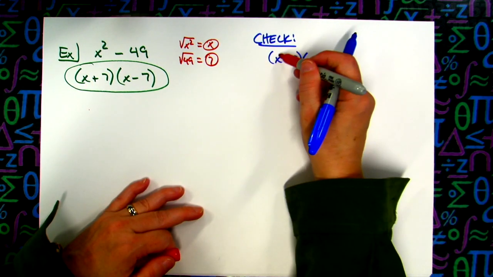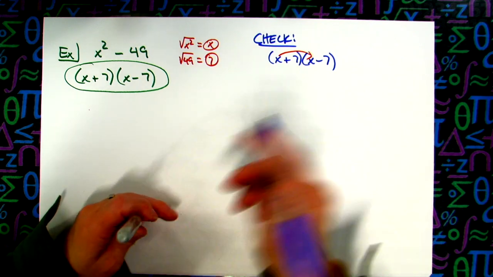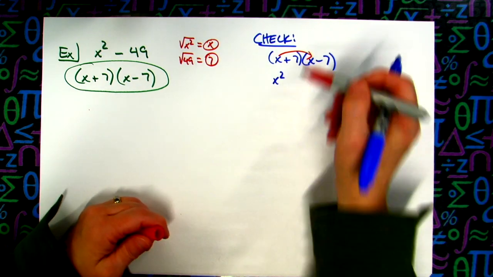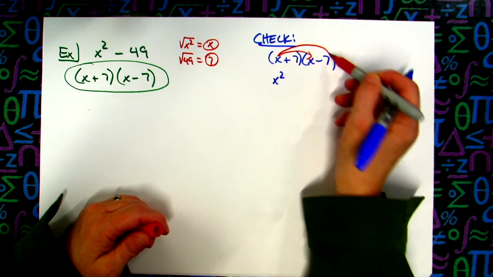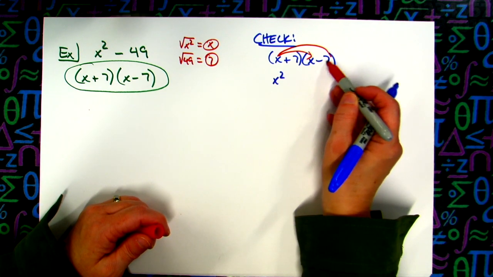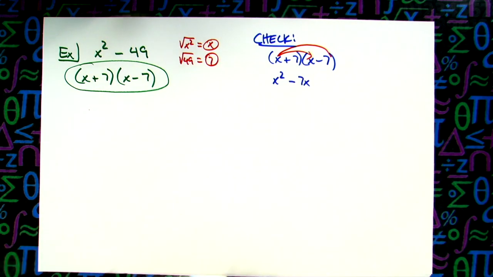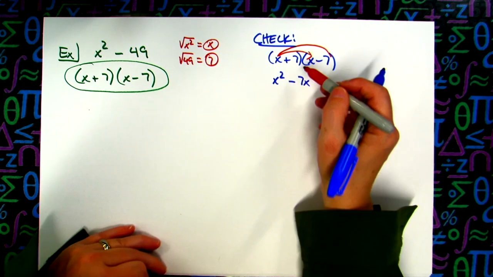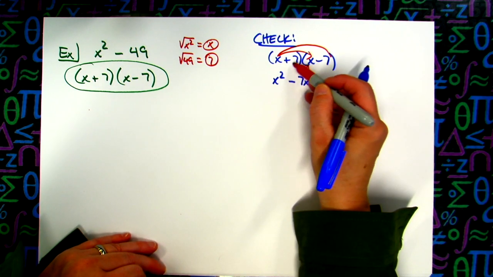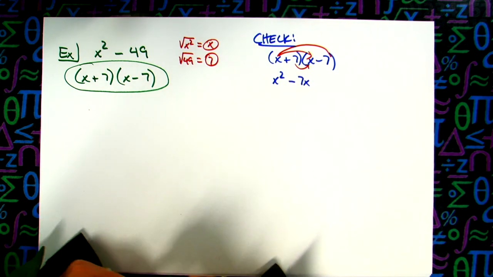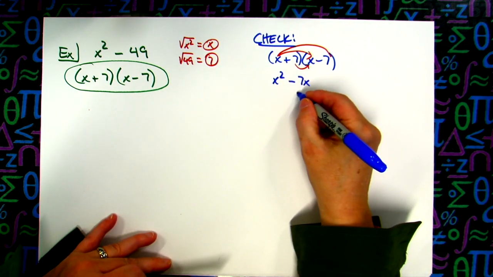So we would do x times x, which is x squared. We would do x times the 7 with the negative, which would give me a negative 7x. Then we would take positive 7 times x. We would go to our second row, line it up, because we know we got like terms.